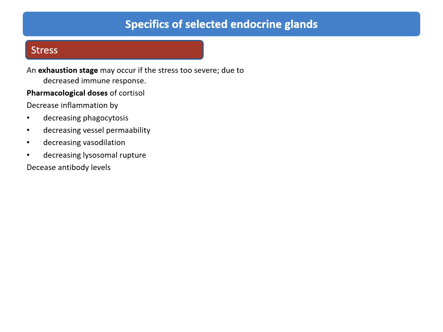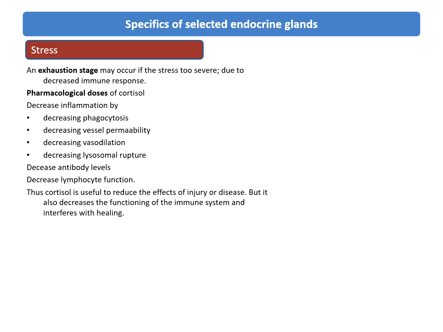The pharmacological doses also decrease antibody levels, another immune system function, decrease lymphocyte function. Thus, cortisol is useful to reduce the effects of injury or disease. But it also decreases the functioning of the immune system and interferes with healing.